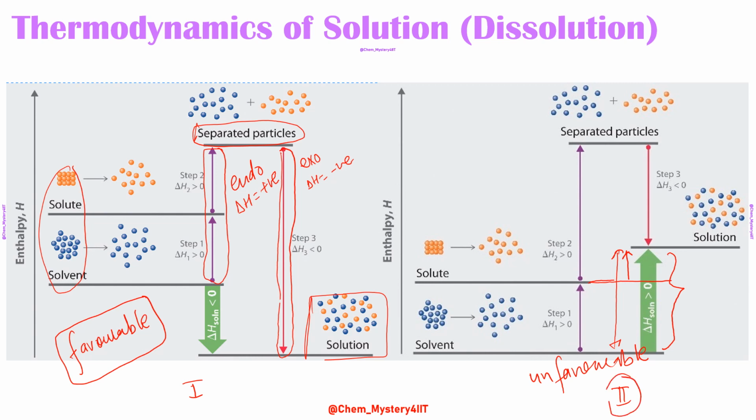Unless we are providing some external energy to our solute and solvent, the second kind of solutions are not formed. The first kind of solution can be found very easily. That's the meaning of how thermodynamics plays its role, so that one kind of change is going to be favorable, another kind of change is going to be completely unfavorable.